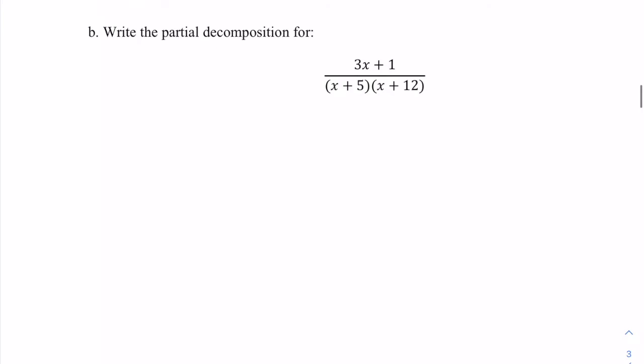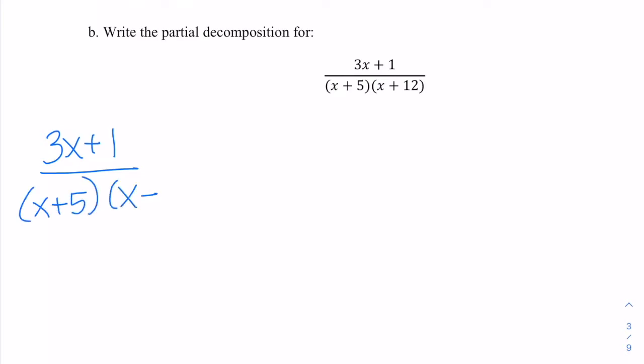All right, we have 3x plus 1 in the numerator, and it's already factored in the denominator. So we know that those are two distinct linear factors. So I'm going to set them up as separate, simpler fractions.